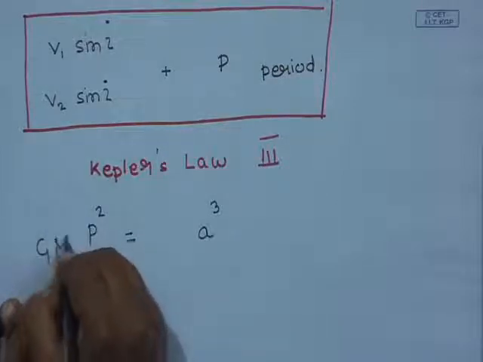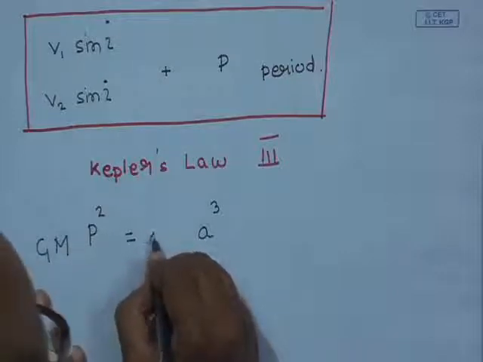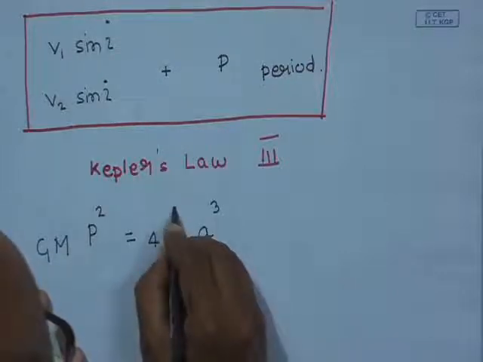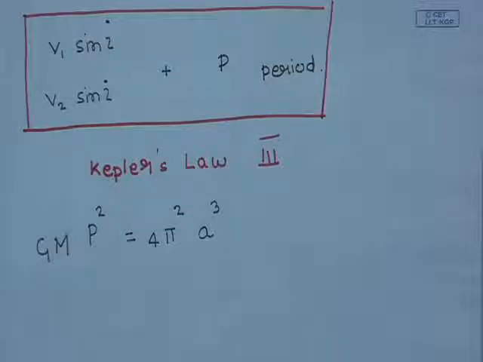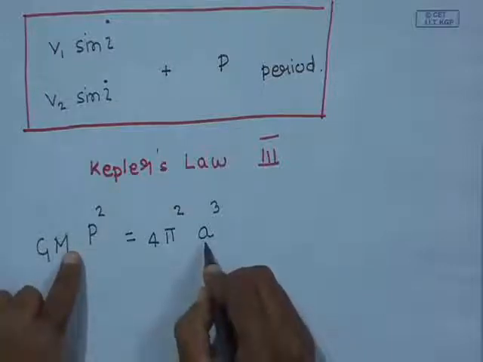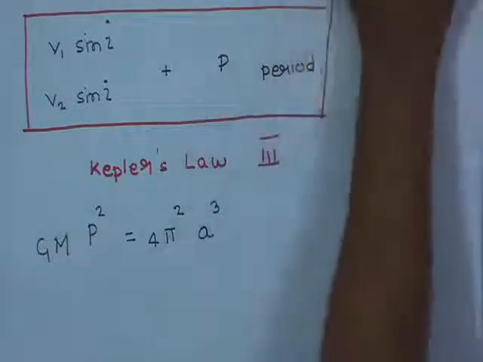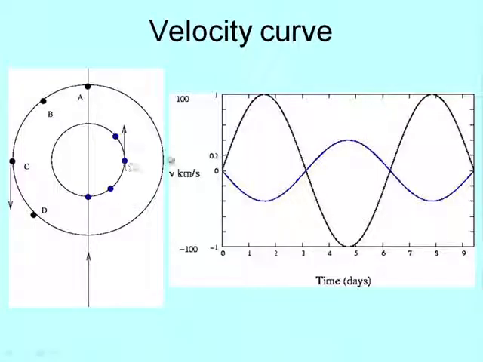I can write it in this way, GM here and 4 pi square here. So, Kepler's laws give us this relation between the period and the semi major axis, which in this case is the radius of the circular orbits.